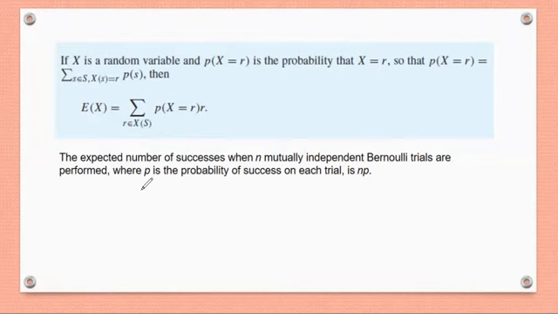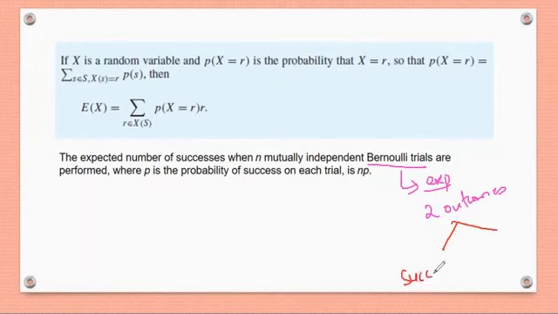A Bernoulli trial is an experiment which has exactly two outcomes. What are those two outcomes? The success and the failure.